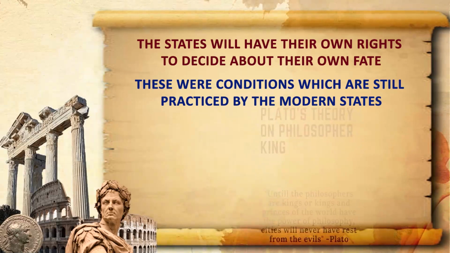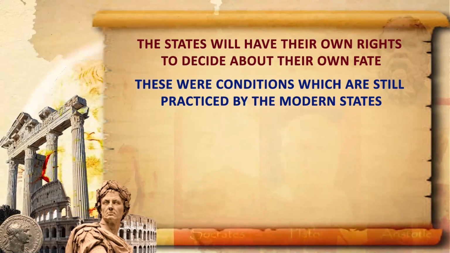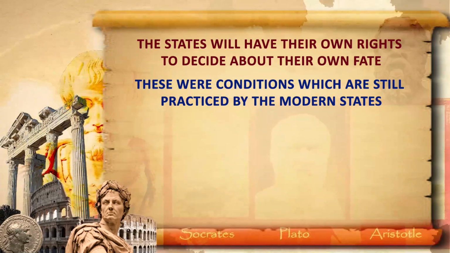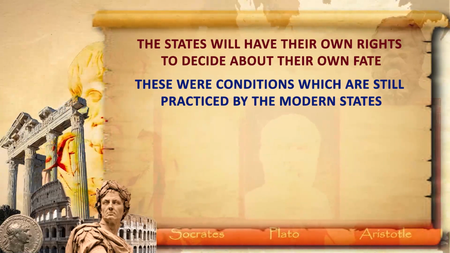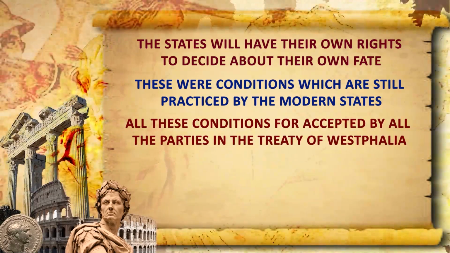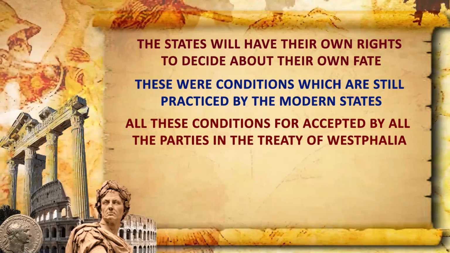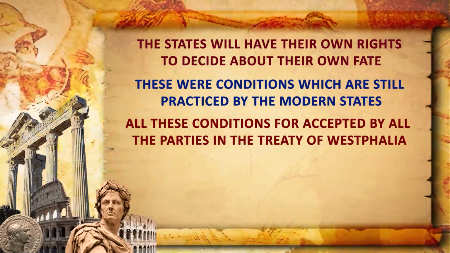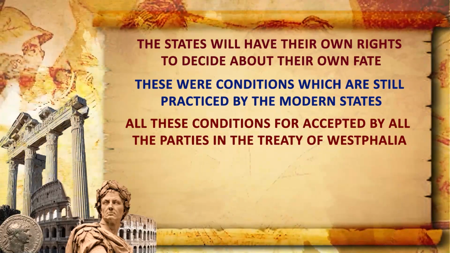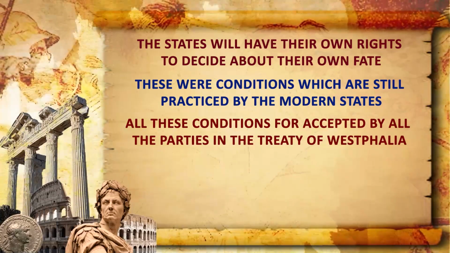So, these are the conditions which are still practiced by the modern states, and all these conditions were accepted by all the parties in the Treaty of Westphalia. So, the sovereign equality of nation states was accepted in the Treaty of Westphalia.